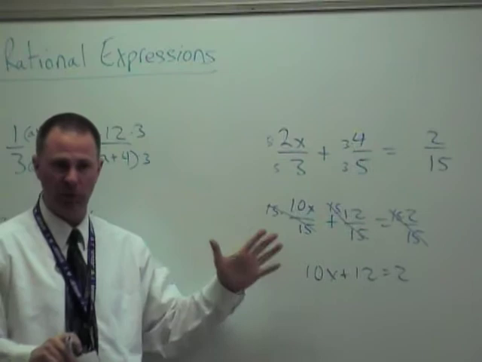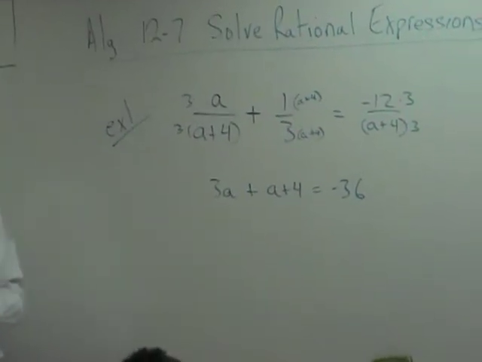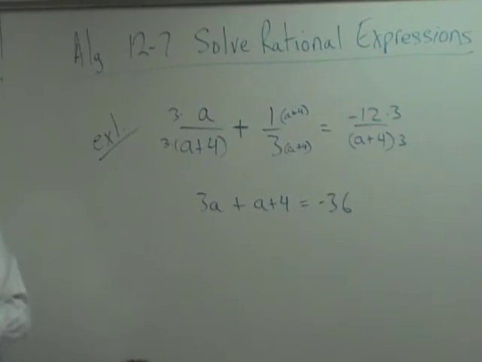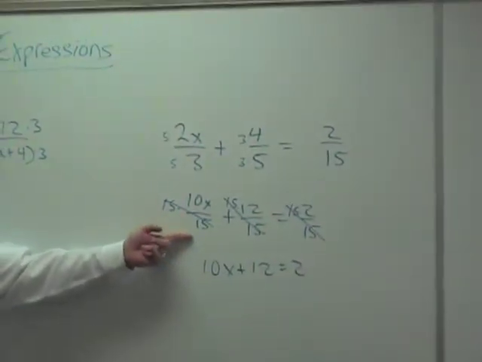So that's the whole point. Once you get a common denominator, just take it out. Everybody should understand that when you multiply by the common denominator, they reduce.